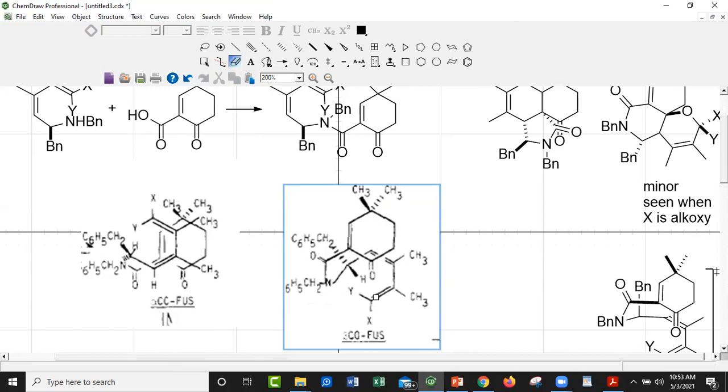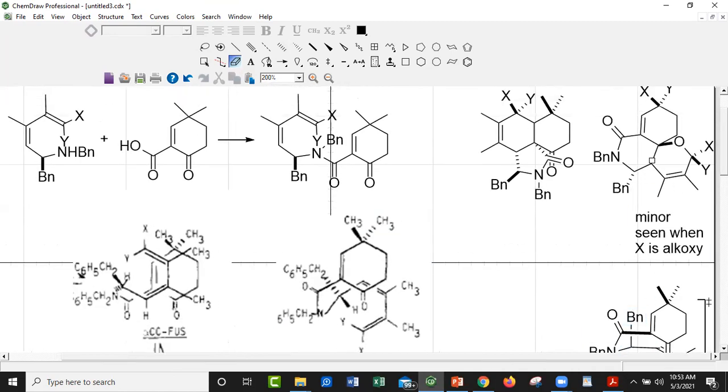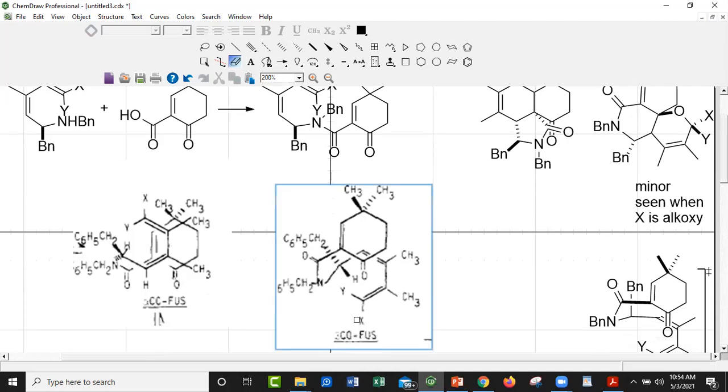Right here is where your Diels-Alder took place, between these 2 atoms here and these 4 atoms here. So that's where you get this other minor product from right here, right? And that's only seen when the X group is an alkoxy group, right?